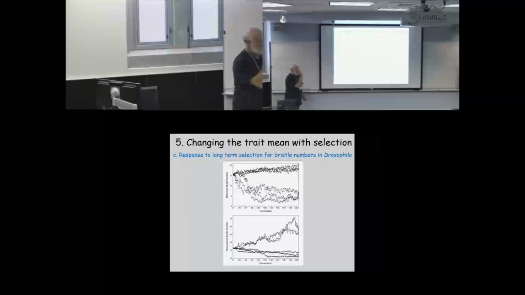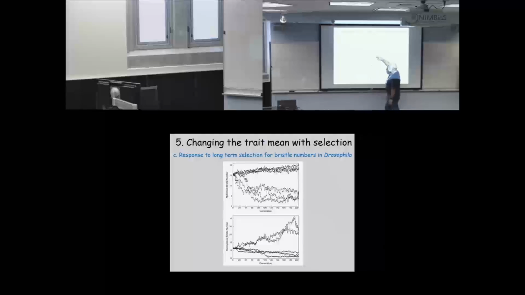All right, and indeed, when you do selection experiments, for example, here we're selecting on abdominal and sternopleural bristle counts in Drosophila, you can see that they're not just straight lines, right? Your experimental populations are finite, and so the lines are drifting around. And it's the fact that these are all the down lines and these are all the up lines. It's the fact of all the bouncing around that tells you that there's a drift contribution.